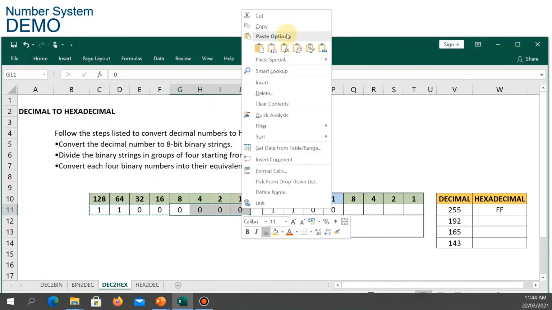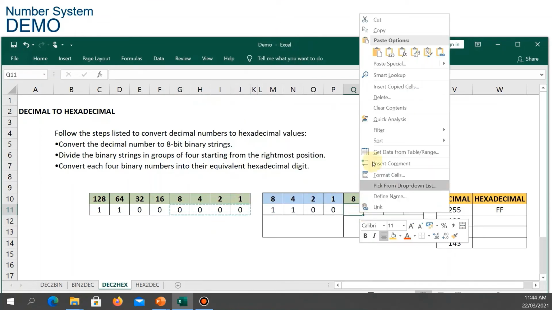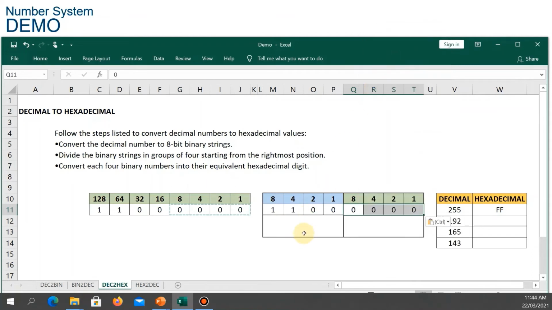For each group, we use the 8421 positional values. For the first group, that is 8 plus 4, and that is 12. 12 in decimal is equivalent to C in hexadecimal.